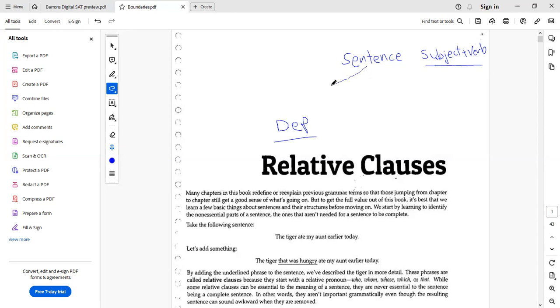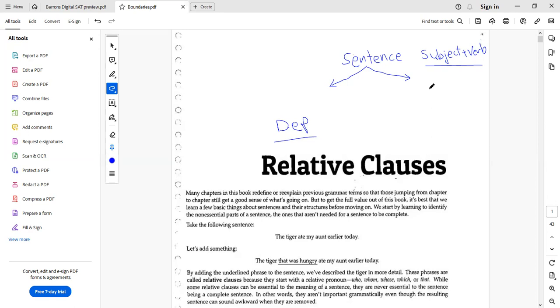But the sentence in English is divided into four kinds of sentences. I think you heard about the simple sentence, the compound sentence, the complex sentence, the compound complex sentence. But these are not important for me right now. It's important in the school.